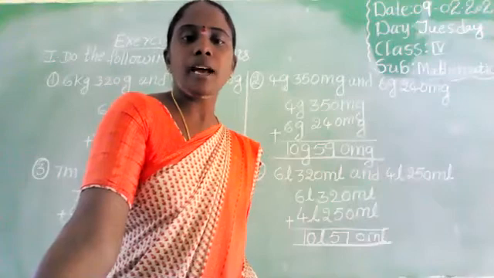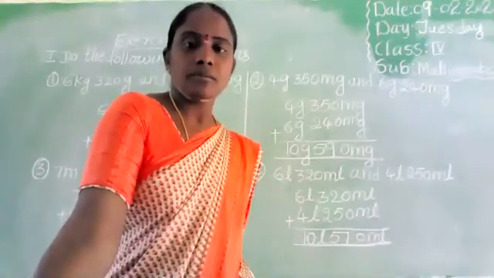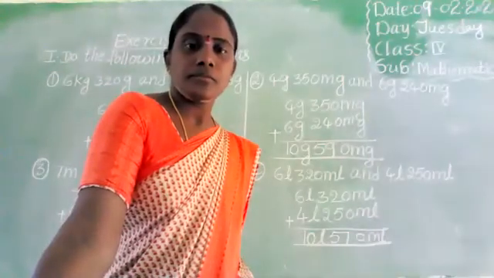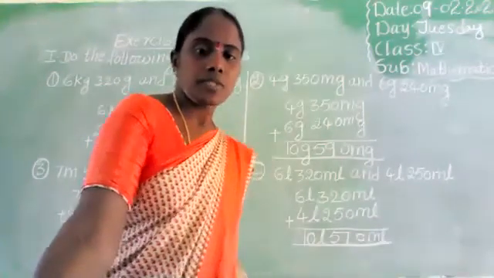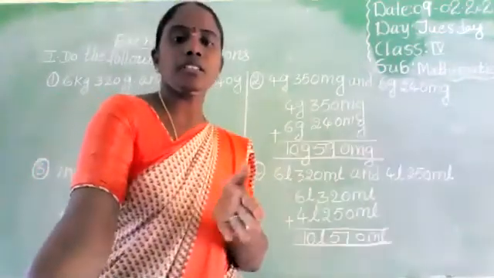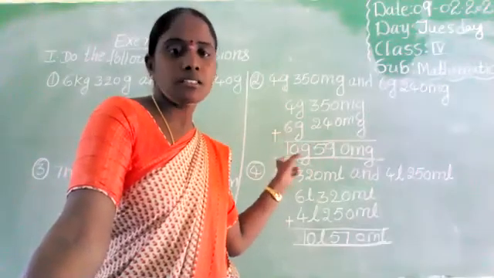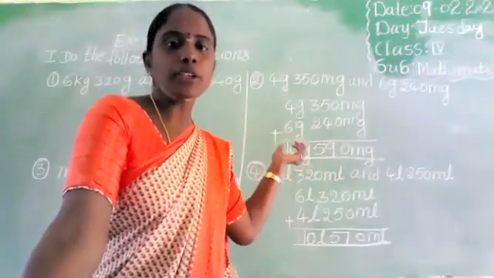Milligrams, decigrams, centigrams are smaller units. Kilograms, hectagrams, decagrams are higher units, means greater units.